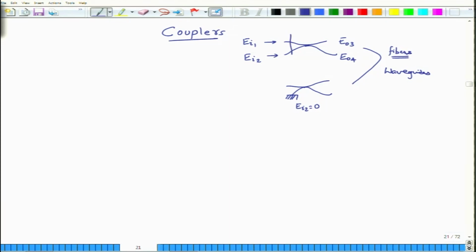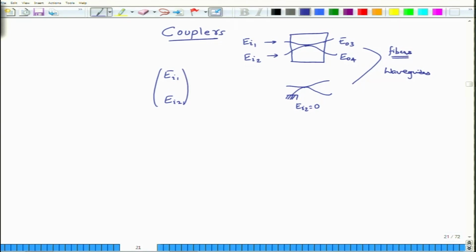Strictly from the black box point of view, if you imagine that this device has been given to you and you have no idea what is inside except that you know that this is a coupler, then you can characterize this coupler by these input and output relationships. What are the input and output relationships that we need to think of? Well, we have EI1 as the input in port 1 and EI2 as the input in port 2.